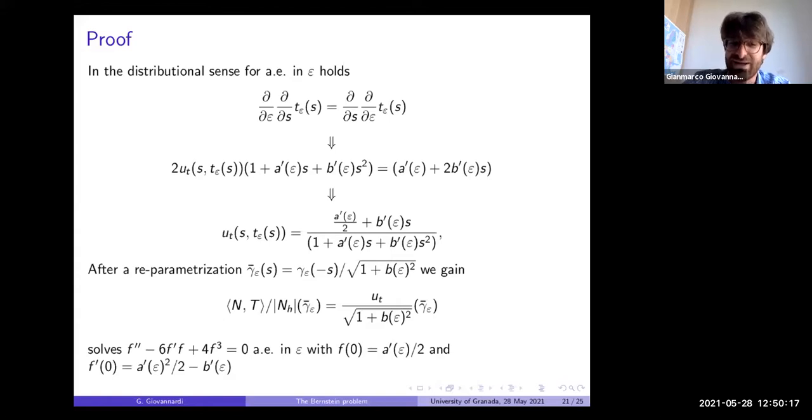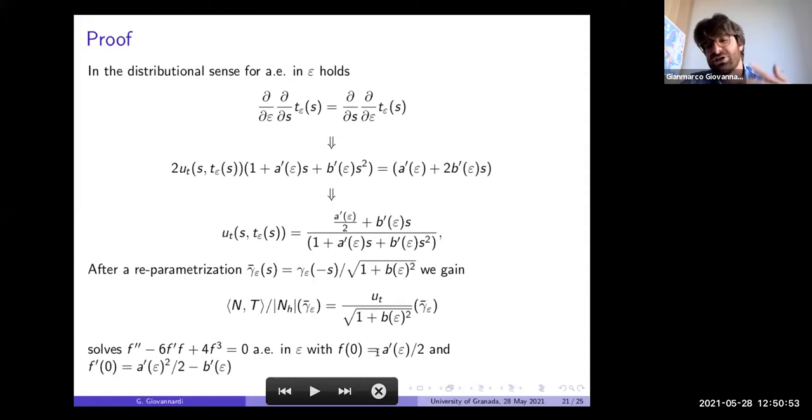an ODE. And so we have to reparameterize a little bit the curve, so we have to consider gamma minus S. If you reparameterize the curve, we recognize that n against t over the norm of mu h is indeed u_t over this quantity, and this function solves the ordinary differential equation along the curve for almost every epsilon, with initial data a prime epsilon over 2 and velocity a prime epsilon square over 2 minus b epsilon.